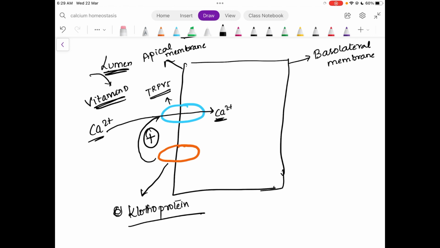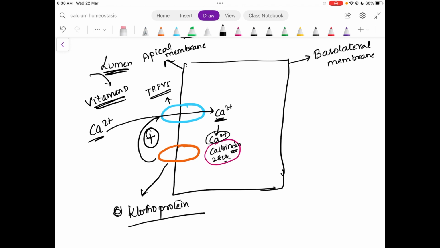After absorption into the cell, this calcium will bind with a protein called calbindin 28K.